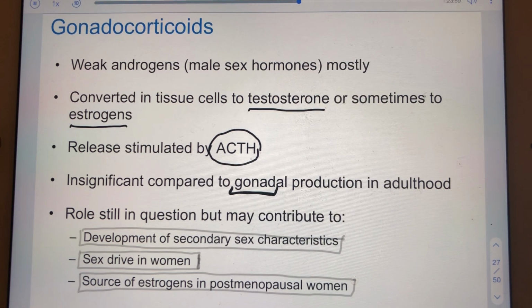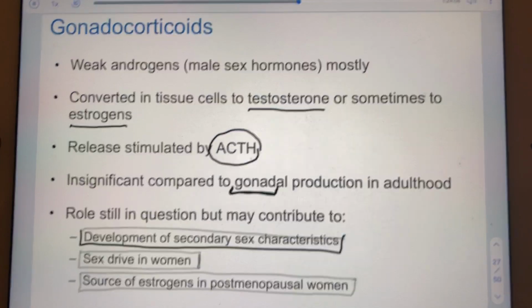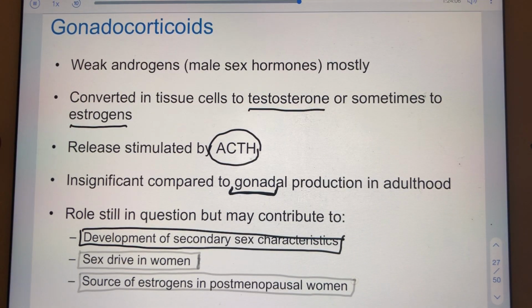These weak androgens definitely have a role to play in the development of secondary sex characteristics, which we'll talk about in just a brief while. A role to play in sex drive in women, because women do make testosterone, just not in as high levels, and also provide sex hormones in postmenopausal women.